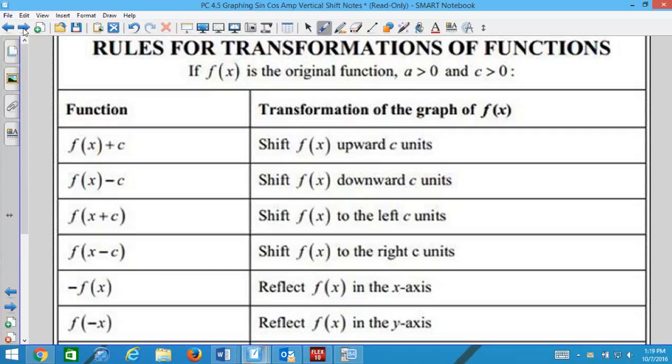That's just formulas to help you remember what's what. For example, if we have a number on the outside after the main part of the function, that tells us that we're shifting that function up. But if the number there has a minus sign, then we shift it down. Remember this stuff?